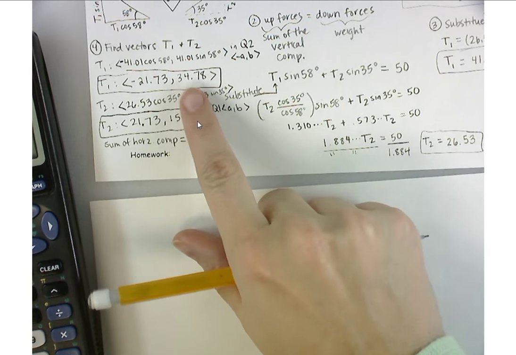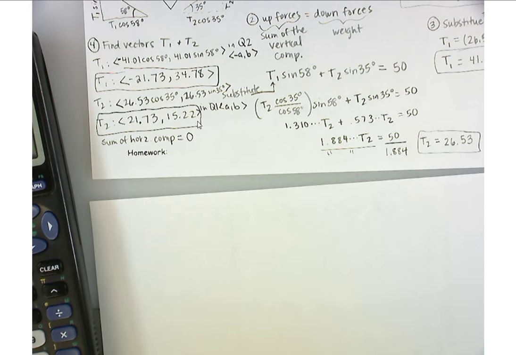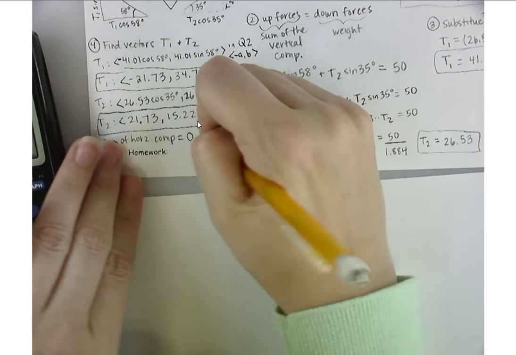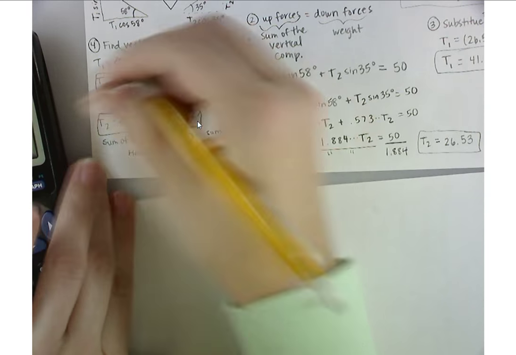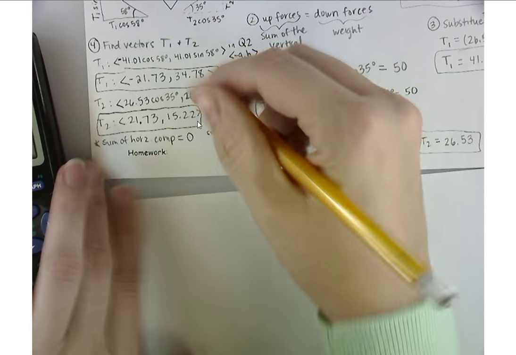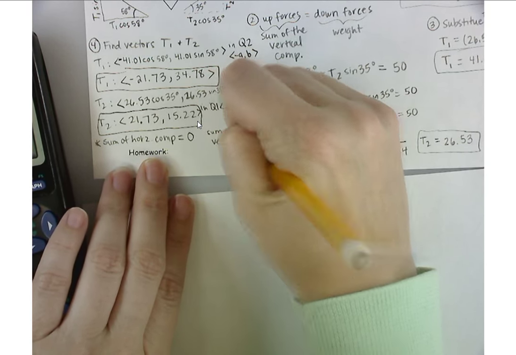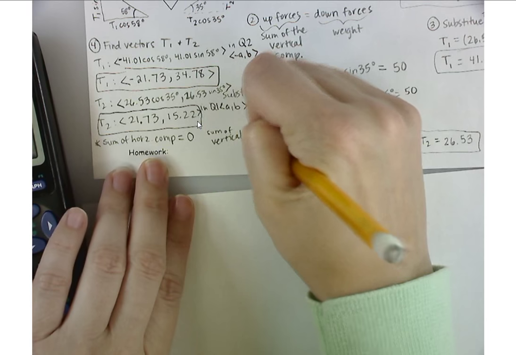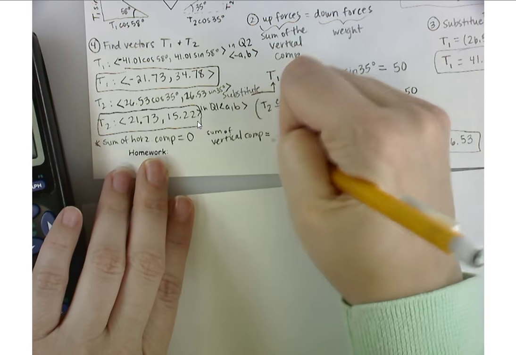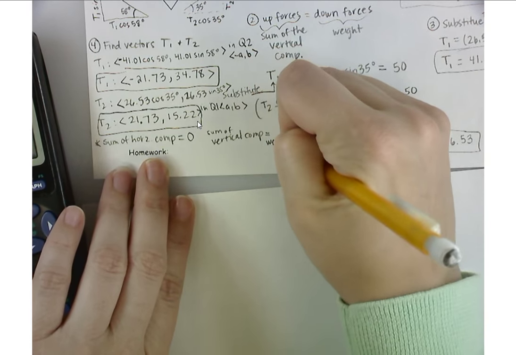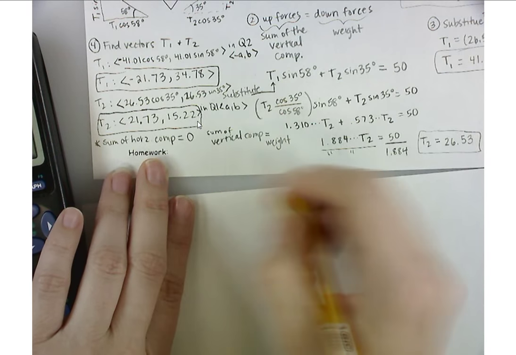Now, what about the vertical components? What is 34.78 plus 15.22? What's the sum of the vertical components? Why is that important? That's the weight. So the sum of the vertical components for this one were equal to 50 because that is the weight or the downforce.